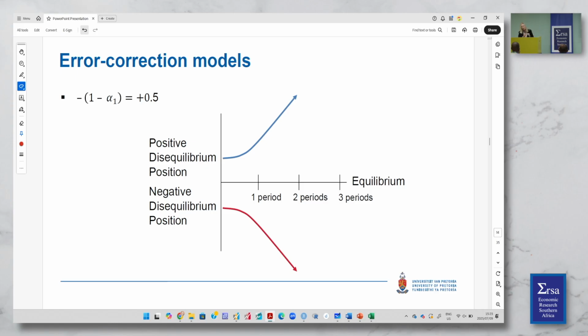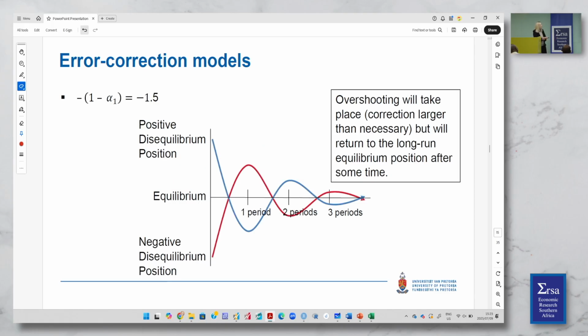You won't see it so much in your estimation, but as soon as you do a scenario test, and there's also warnings about doing scenario testing with these types of models because of the Lucas critique, but we can discuss that later on. And if it's bigger than that, we will eventually converge back in an overshooting fashion.